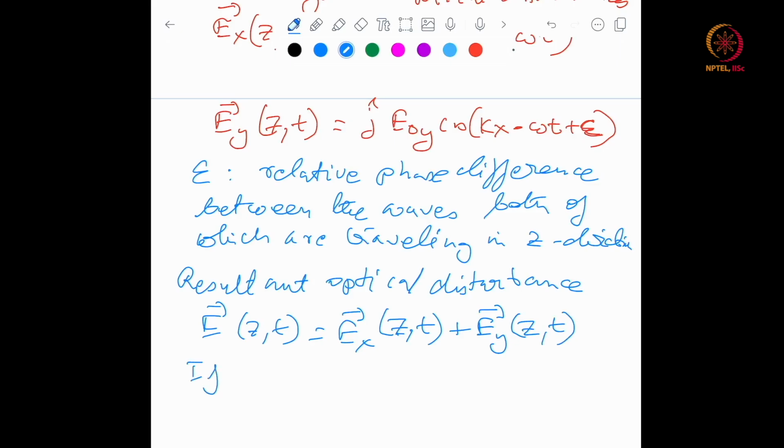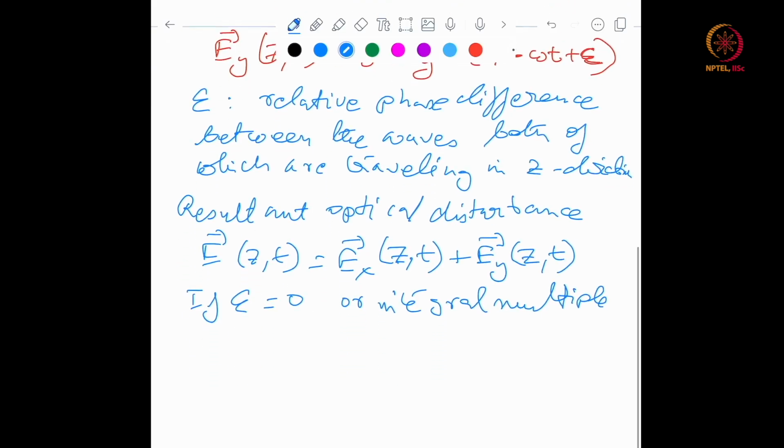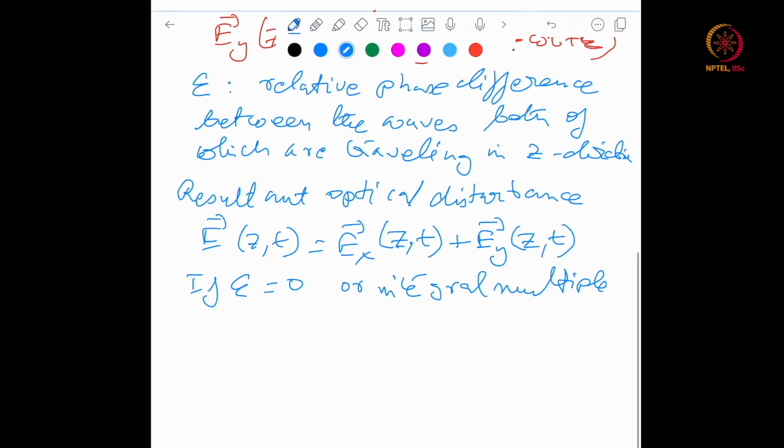So if epsilon is equal to 0 or an integral multiple of plus or minus 2 pi, the waves are in phase.